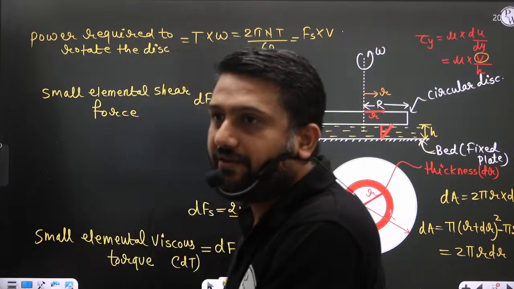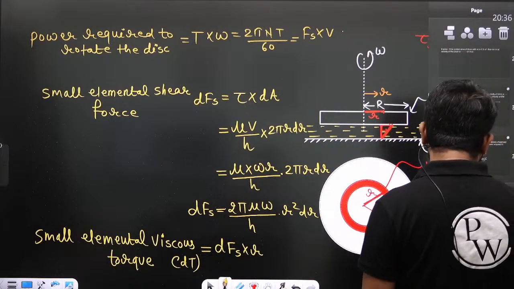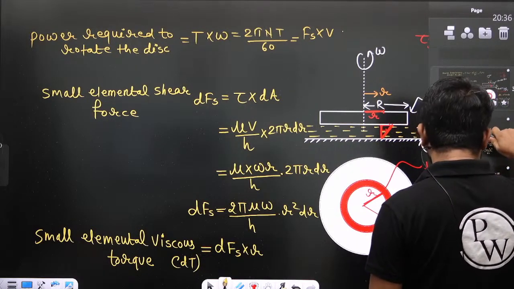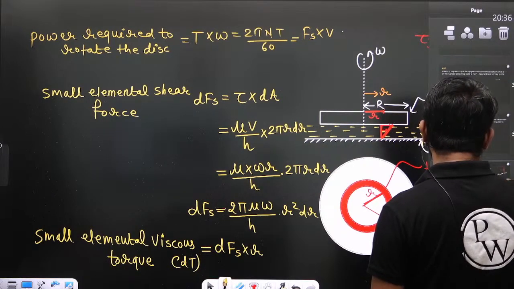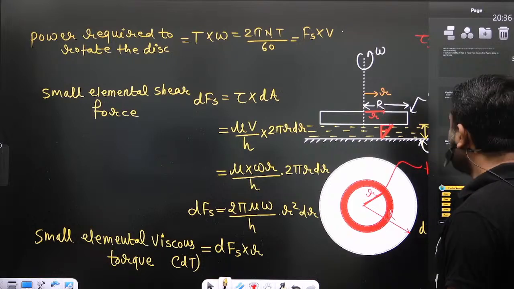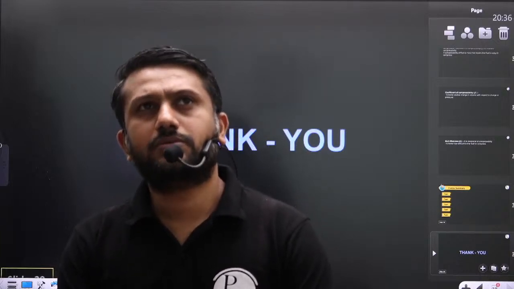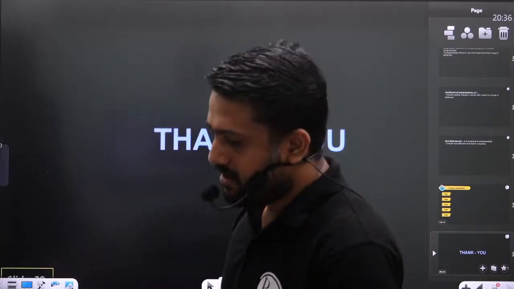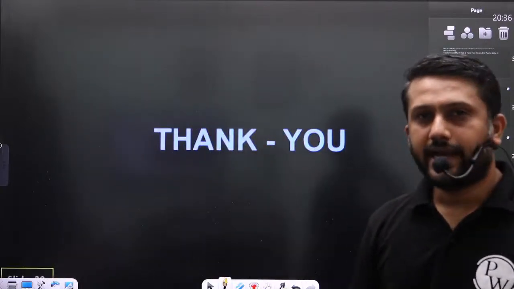So I hope whatever concept we discussed in today's class is clear to everyone. In tomorrow's class, we will discuss other fluid properties like compressibility, bulk modulus, the capillarity concept, surface tension, and vapor pressure.